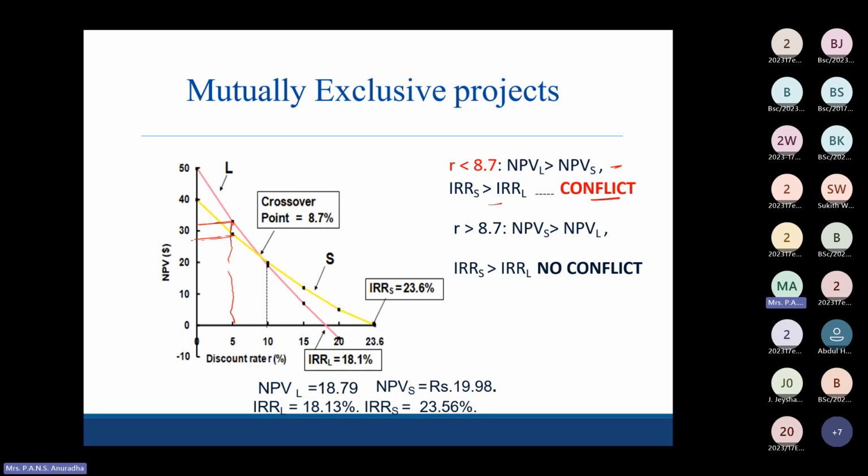There is a conflict. According to the NPV at 5% cost of capital, let's say the market interest rate is 5%, the NPV of project L is greater than the NPV of project S. But the IRR of project S is greater than the IRR of project L. So there is a conflict, a disagreement, when the cost of capital is less than the crossover rate.